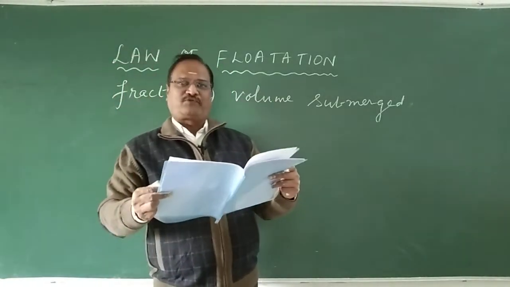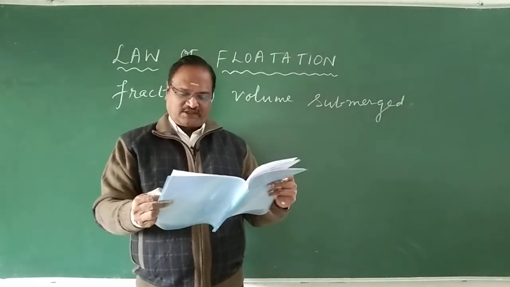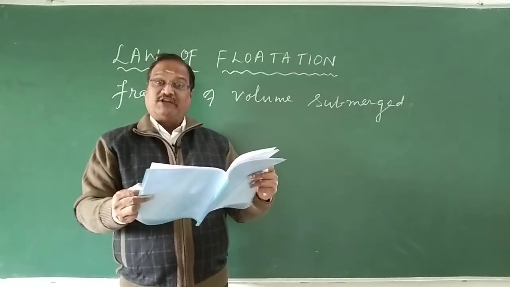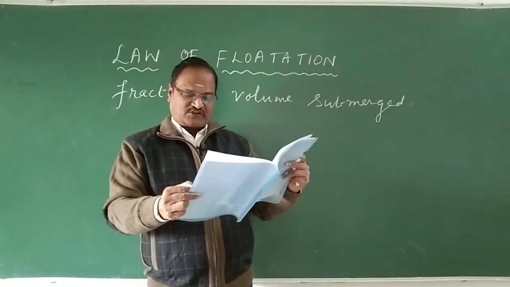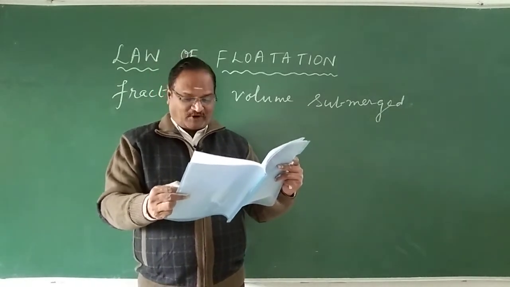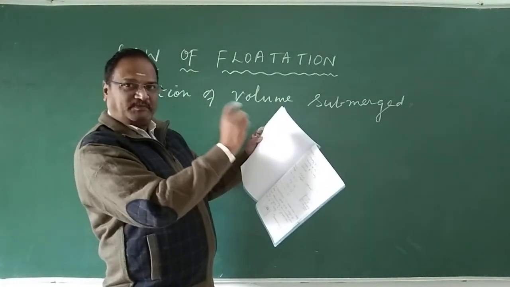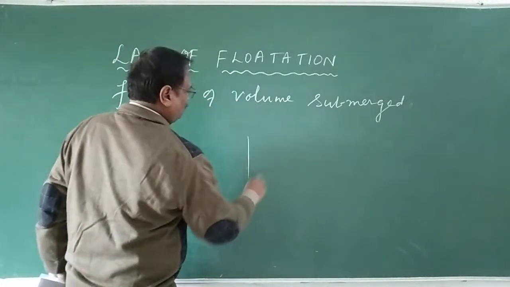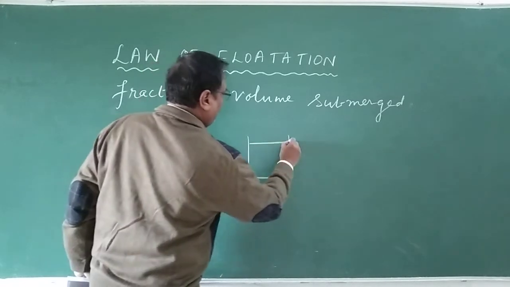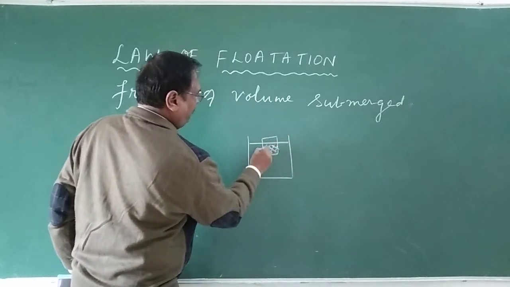I will state the law of flotation. It states that a body will float in a liquid with the weight of the liquid displaced by the immersed part of the body. Weight of the liquid displaced by the immersed part, right? So this is the liquid and this is the immersed part, the shaded part.